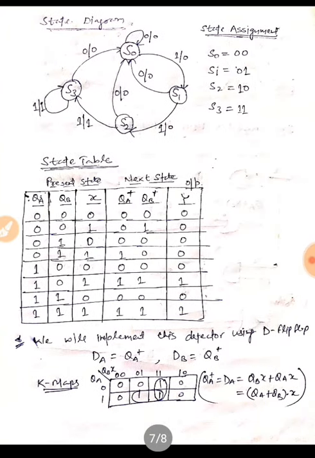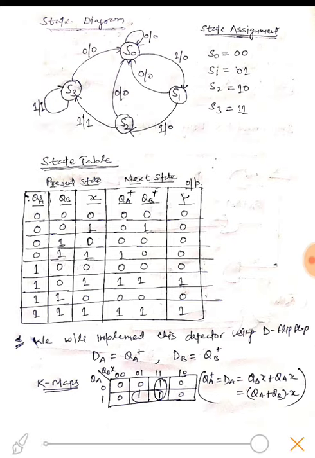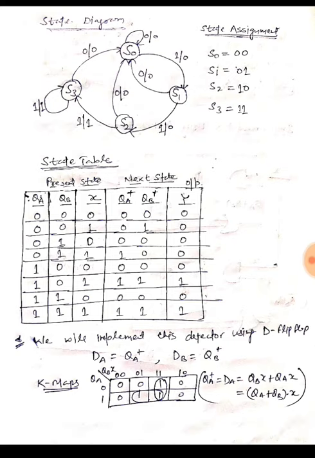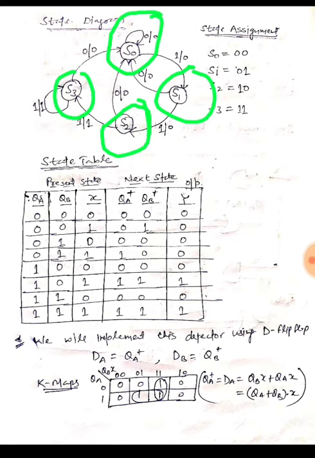Okay, this is the state diagram of the sequence detector. As we have seen, it can be in 4 states: S0, S1, S2, S3. So we can assign binary numbers to these states.